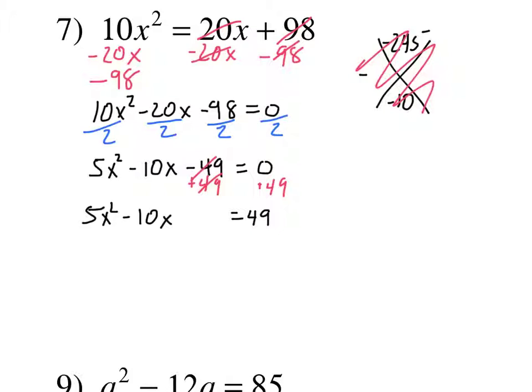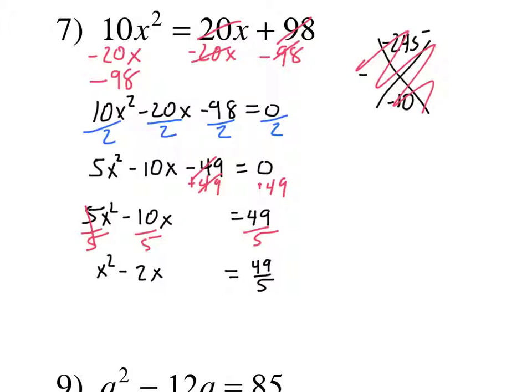Nope, we don't want to cut the b term in half yet. We got to get rid of the 5. So we got to divide everything by 5. Okay, so we have x squared minus 2x equals 49 fifths.